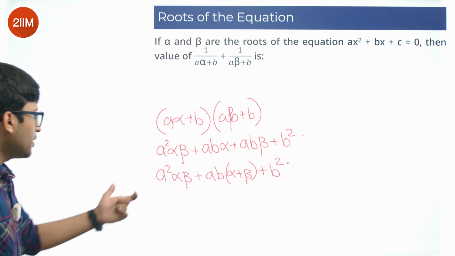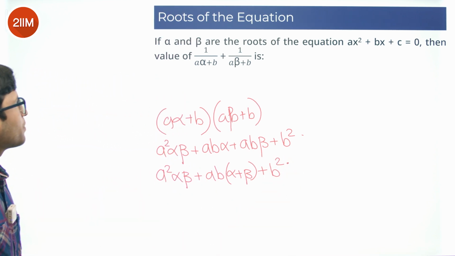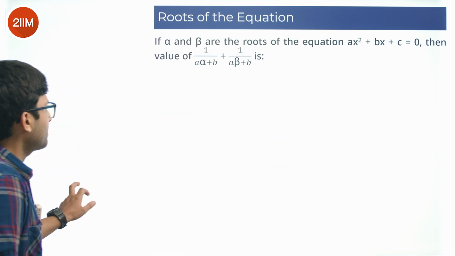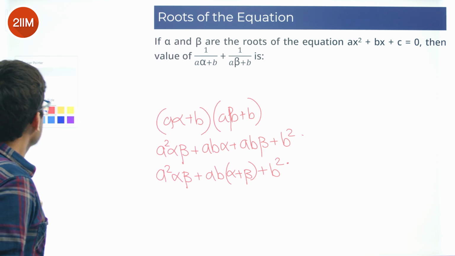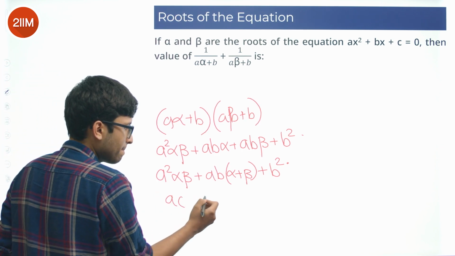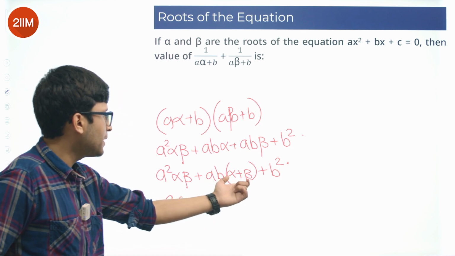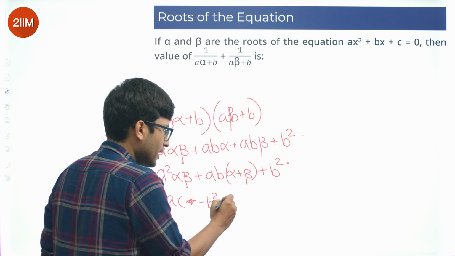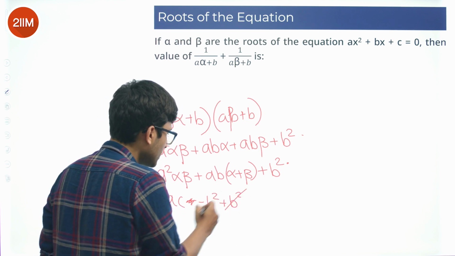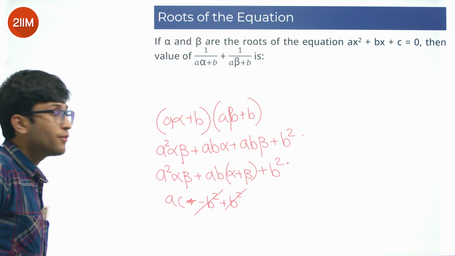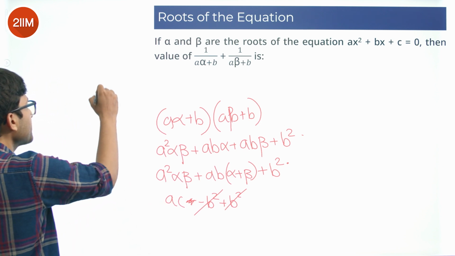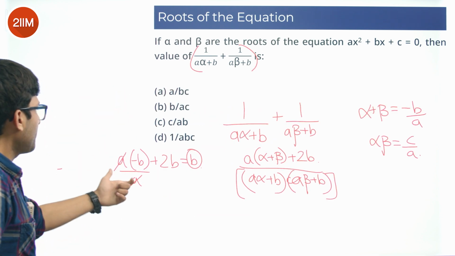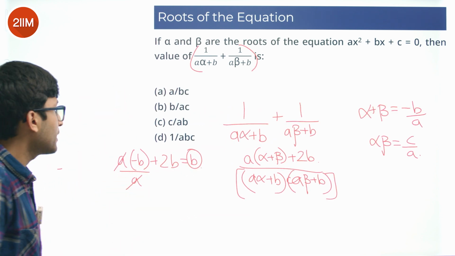What I know is alpha into beta is equal to c by a, so the first term will be equal to ac, and the second term, with alpha plus beta as minus b by a, will be equal to minus b square, and then plus b square. These two terms get cancelled out. ac will be my denominator. I got b as my numerator and ac as my denominator. Let's check. Yeah, b as my numerator and ac as my denominator.